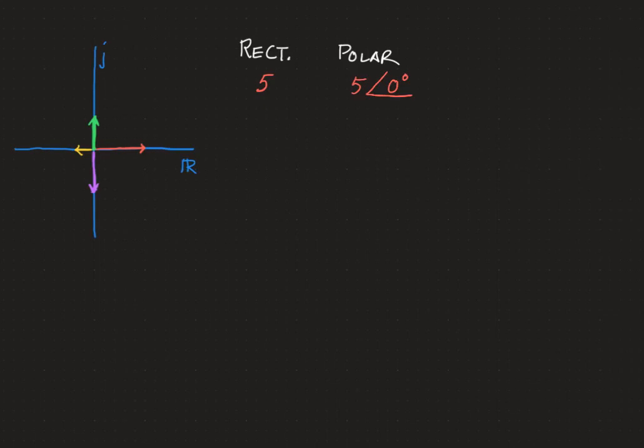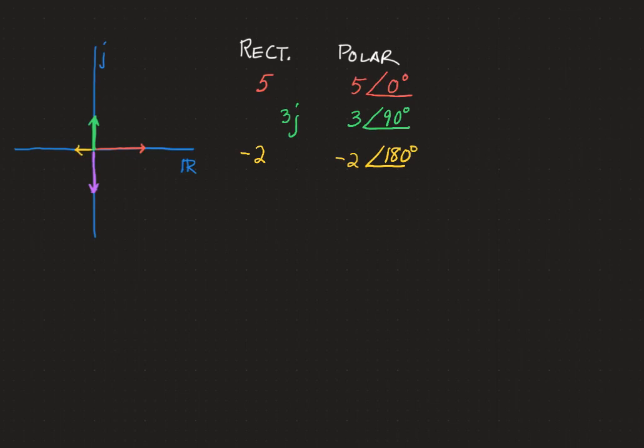Next up, we have 3j. What would that be? In polar coordinates, that would be 3 angle sine 90 degrees.